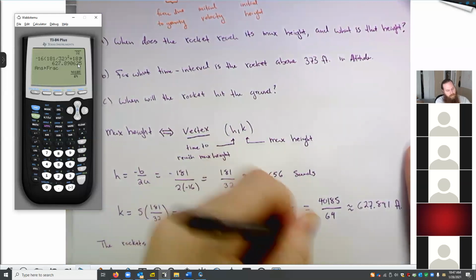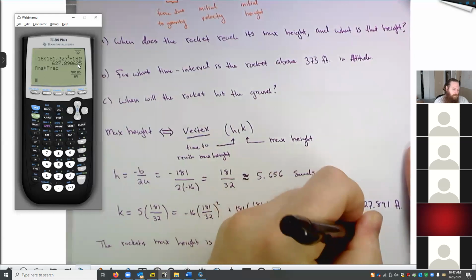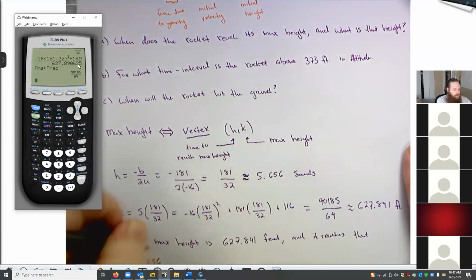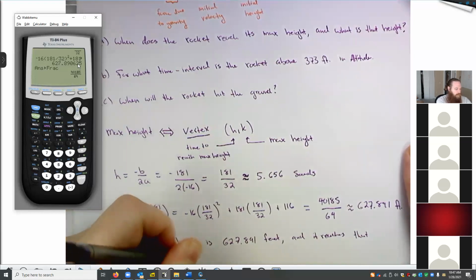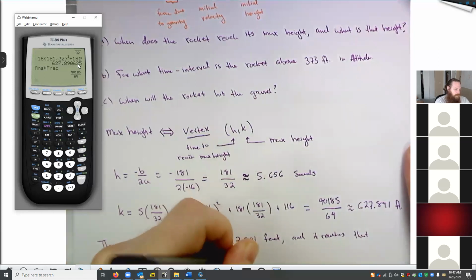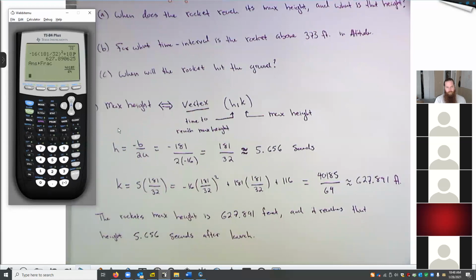And it reaches that height about 5.656 seconds after launch. All right, so to answer the max height portion here, you just got to find the vertex. Any questions on part A?